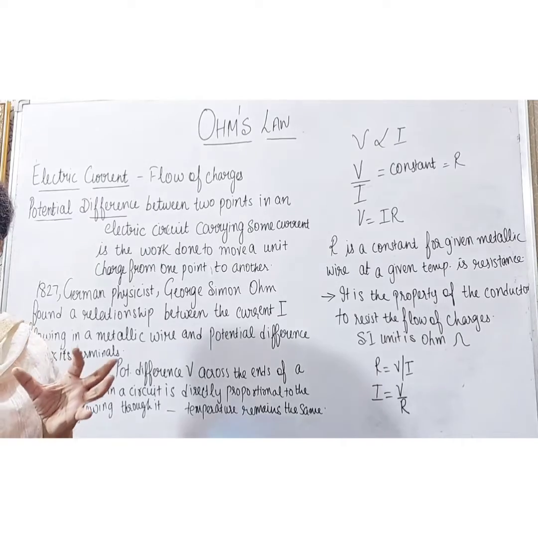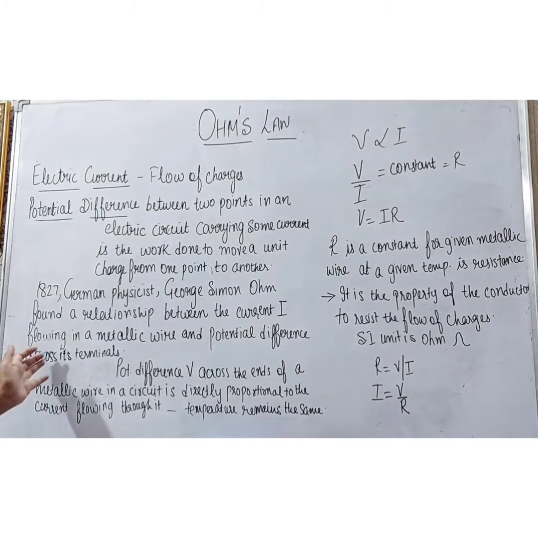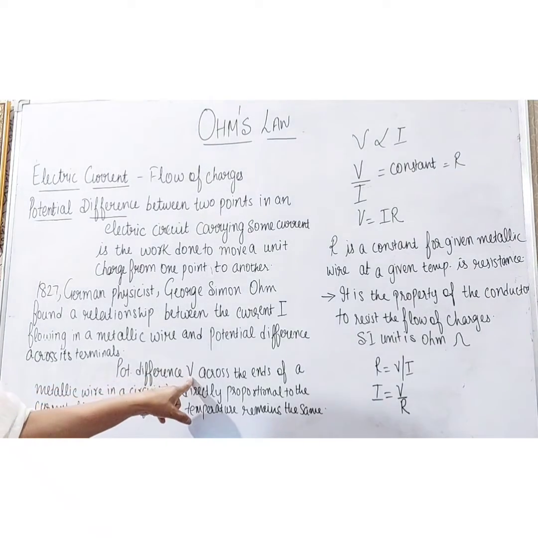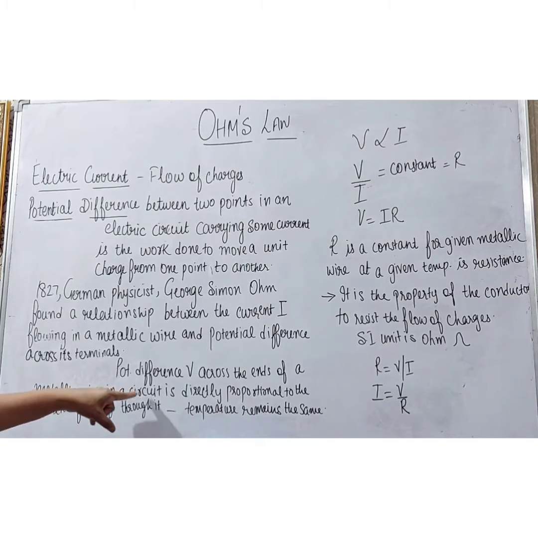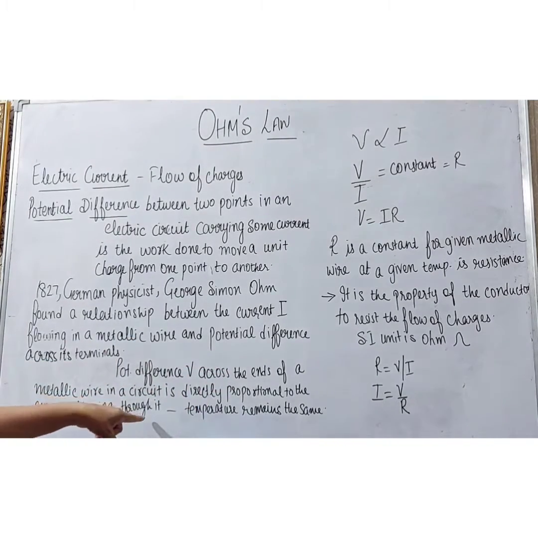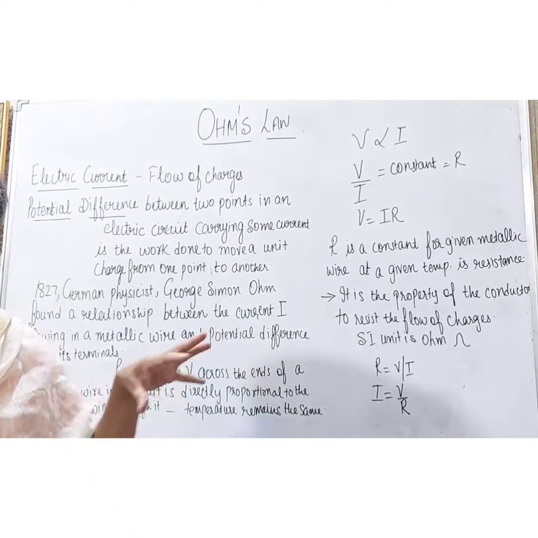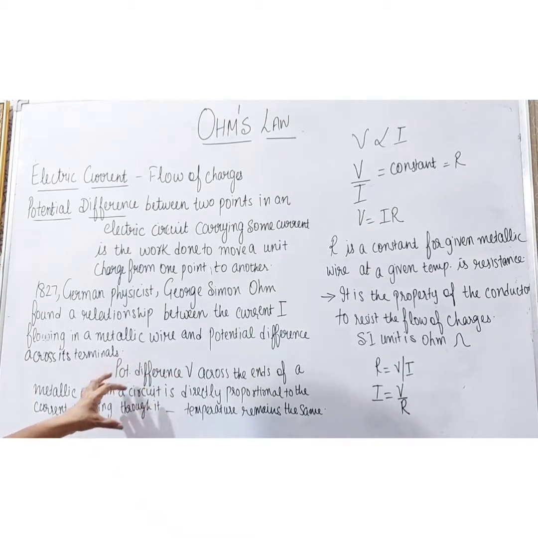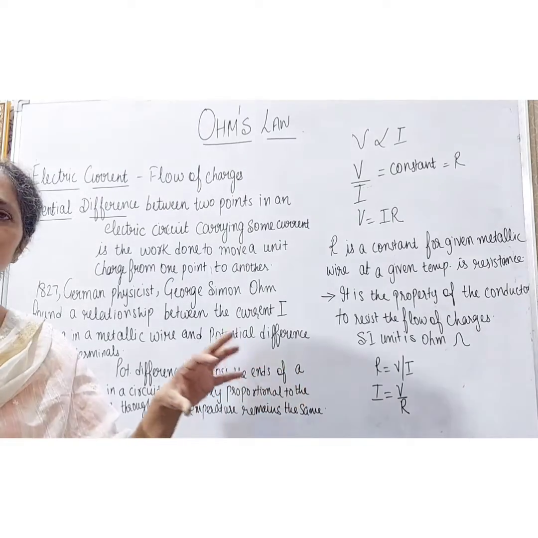What he said was that the potential difference, which is denoted by V, across the ends of a metallic wire in a circuit is directly proportional to the current flowing through it, provided the temperature remains the same. Here you must write that this relationship will only be applicable when the temperature remains constant.